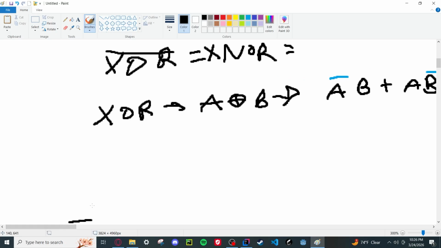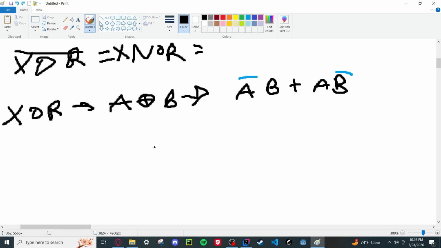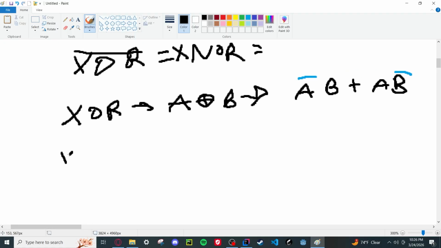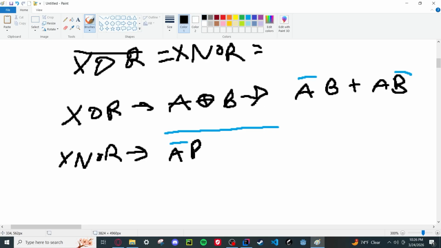And then if we find the XNOR of this, all that is taking this expression, so XNOR would be the negation of A naught B plus A B naught.